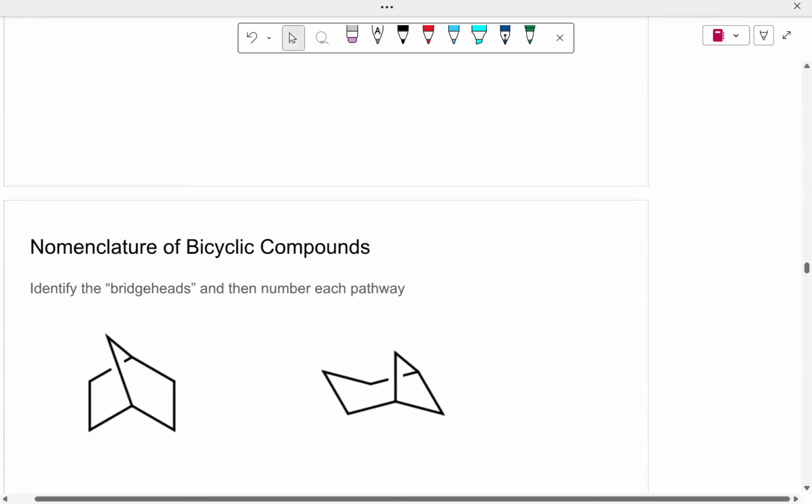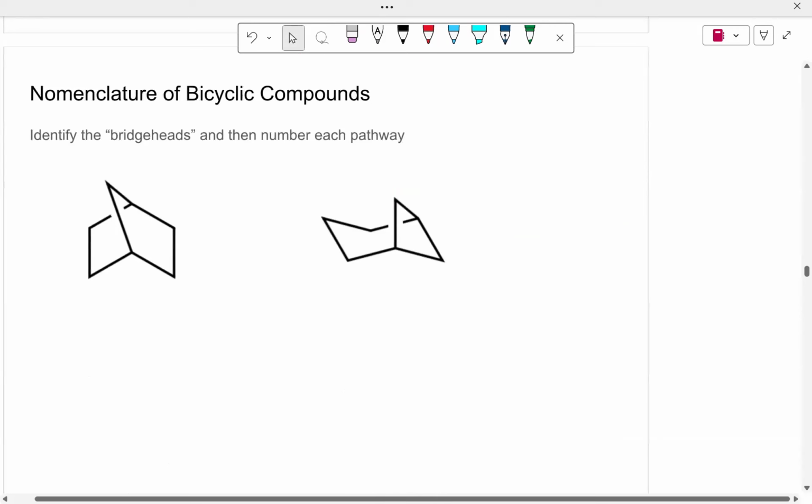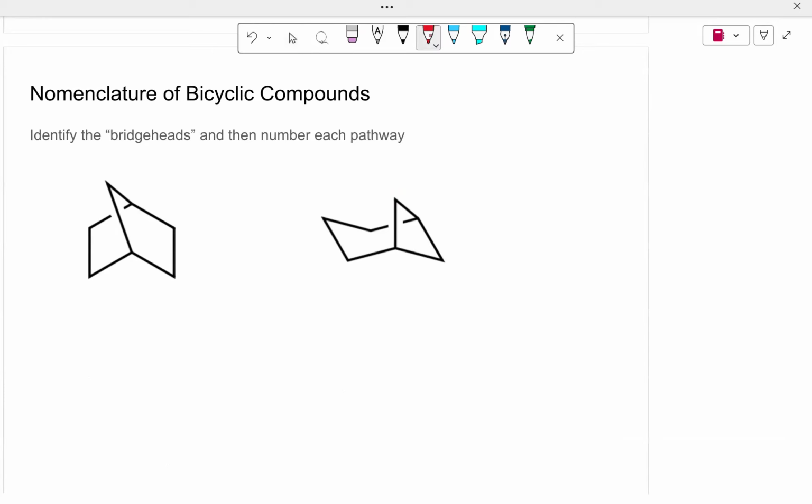Now, probably one of the most confusing types of compounds to name are what are called bicyclic compounds. Bicyclic compounds are 2 or more rings fused together.